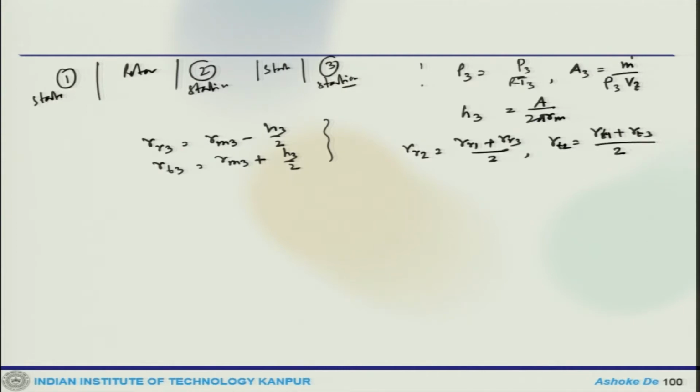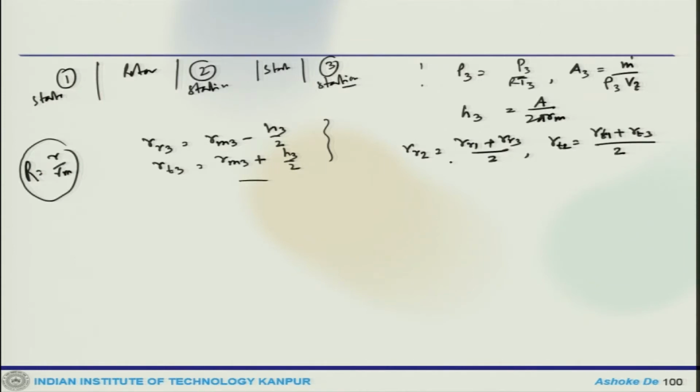So, it still remains to calculate the corresponding non-dimensional radius, which is R by R m, at the root and tip at stations 1 and 2, and then after calculating the constants A and B, we can calculate V theta 1, V theta 2.